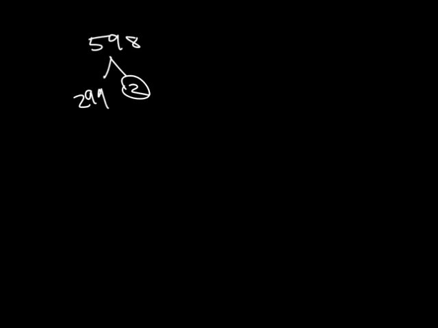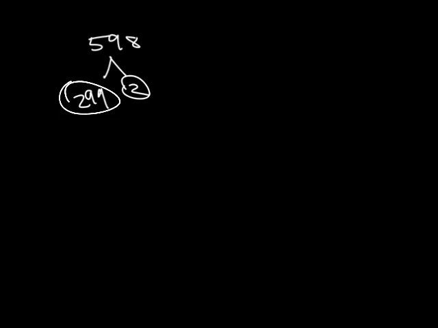So then I try 3. Nope, that doesn't, because 2 plus 9 is 11, plus 9 is 20, and 3 does not go into 20, so it doesn't go into 299. 5 doesn't go into it because it doesn't end in a 5 or a 0. 7 and 9 are the only ones that you can try, and I tried those and nothing did. So those 2 are my prime factors.